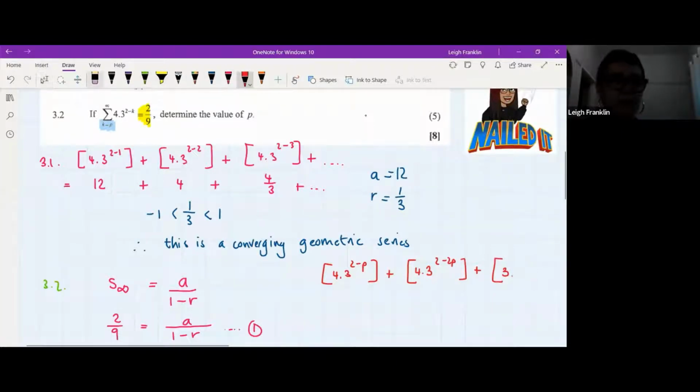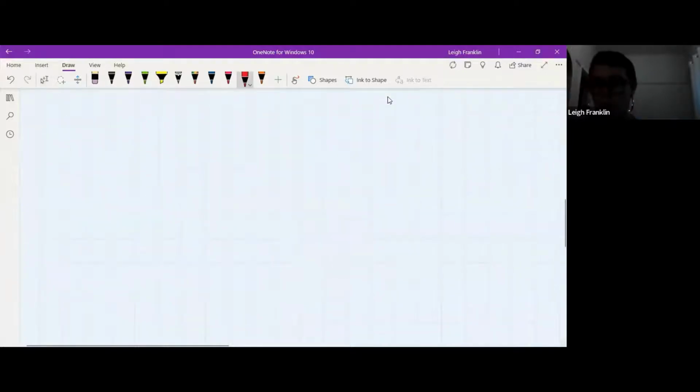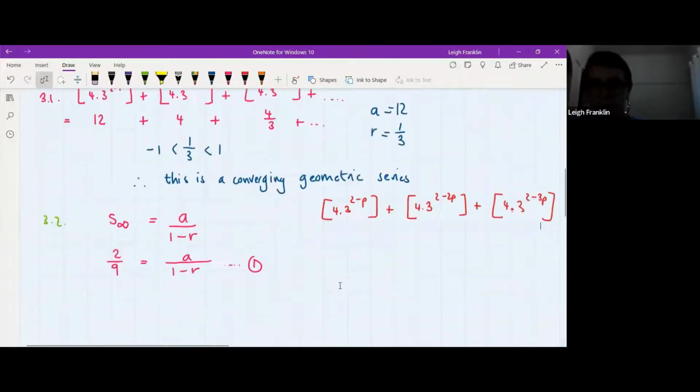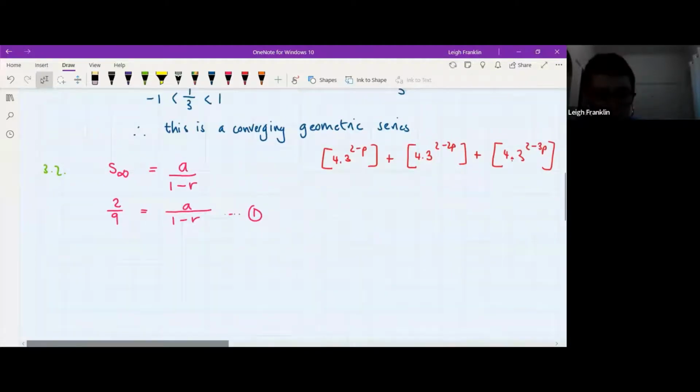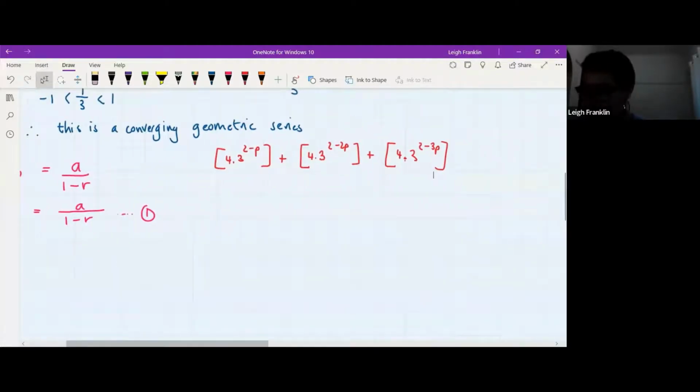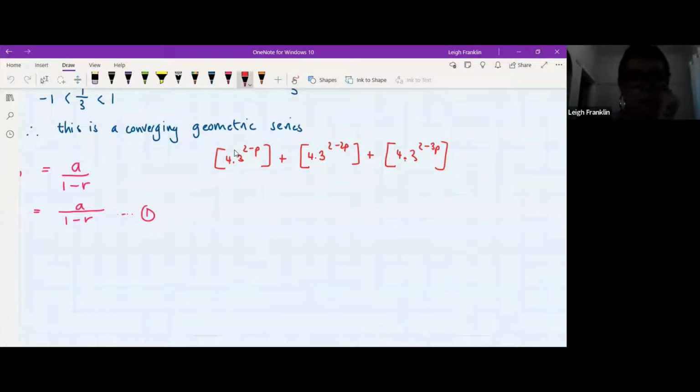Oopsie, I'm writing the wrong thing here. Sorry guys, that flew away from me. So now let's have a look what we can do with all of this.